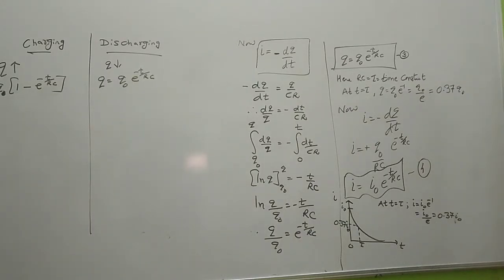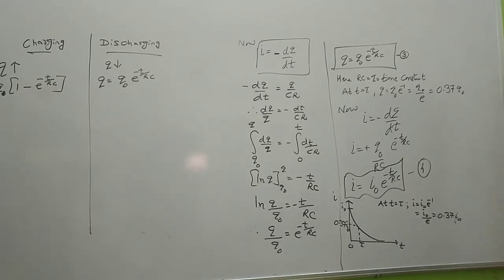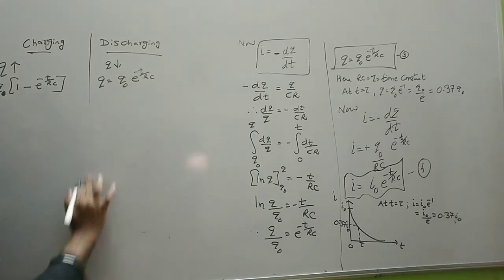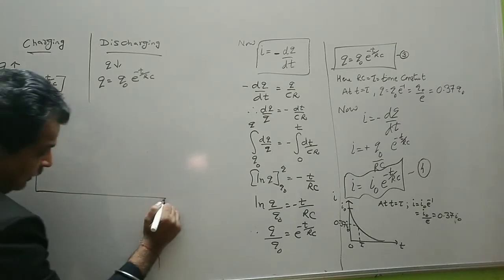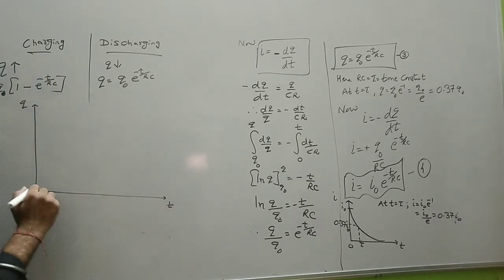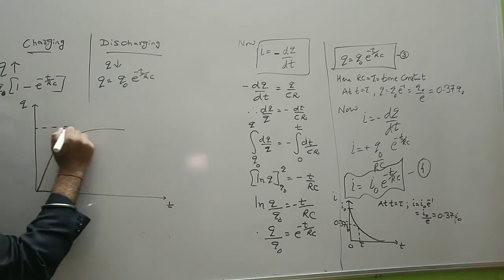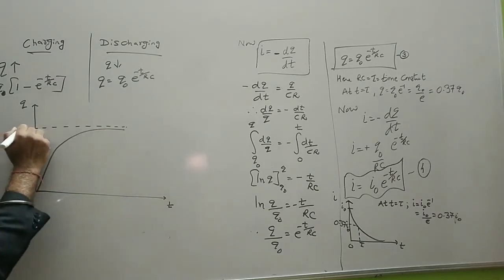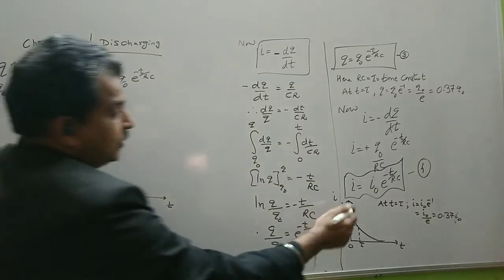The graph we can draw simultaneously. So let us draw the graph at any instant. This is Q versus t. So during charging, again the graph will not touch the maximum, means the capacitor is not fully charged, and this we have studied.